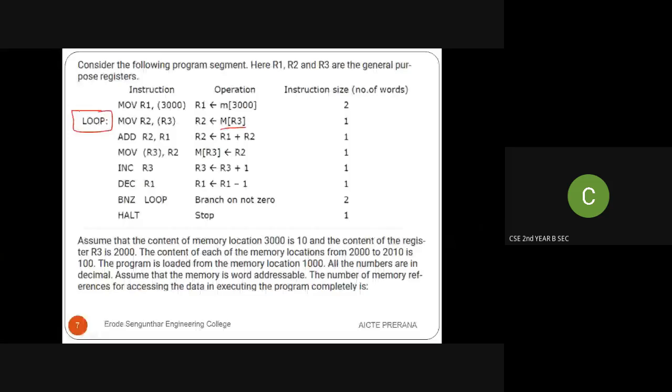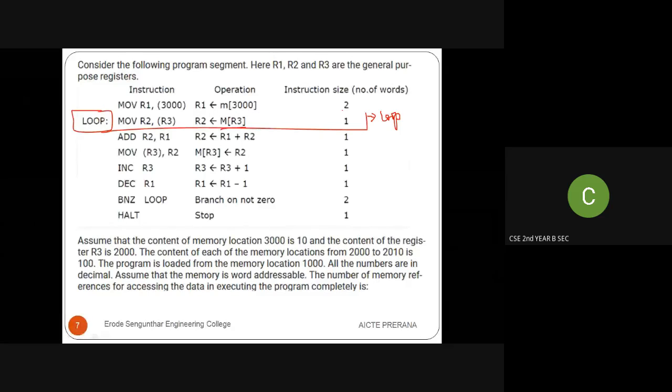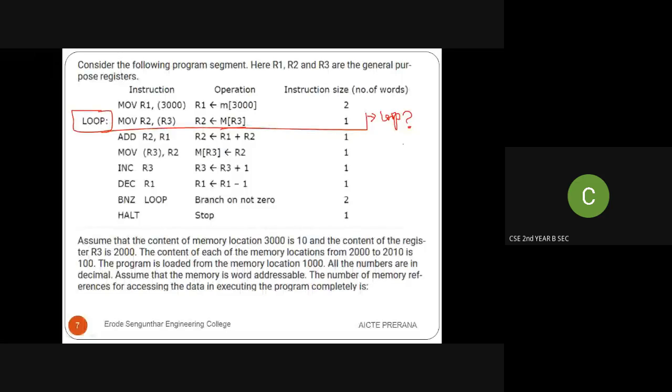Okay, so based upon this criteria, we clearly have the idea that this is a looping condition. So it will be iterating n number of times. How many times it is looping plays a very important role, so we have to be clear with that. Let us see what other things are given. Add R2 comma R1.